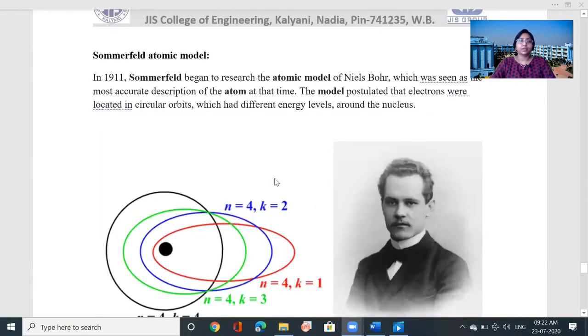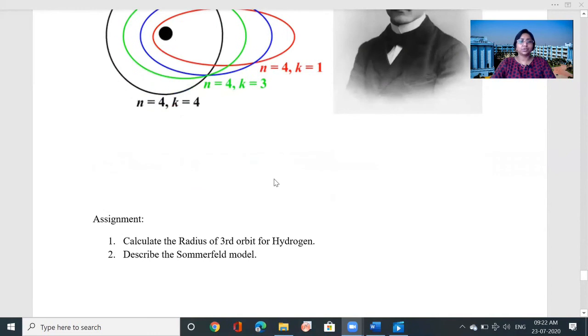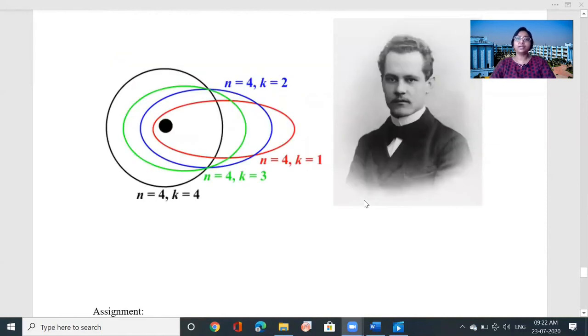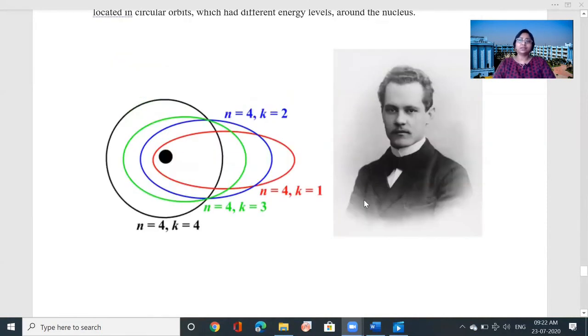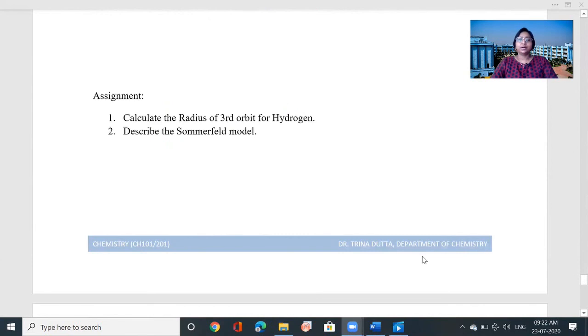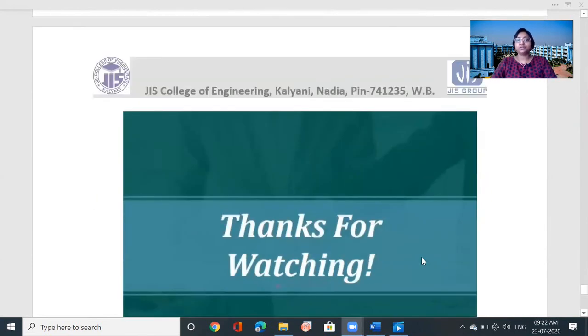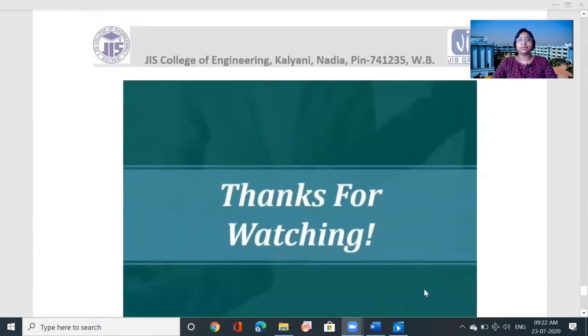So you can answer all these questions. Next is, describe the Sommerfeld model. You will describe the Sommerfeld model and all the quantum numbers, and I will elaborate the quantum numbers in my next lecture.